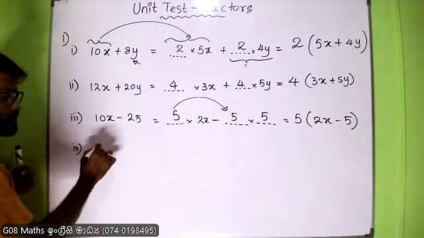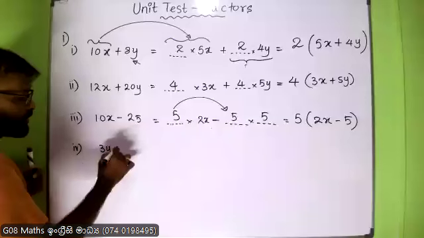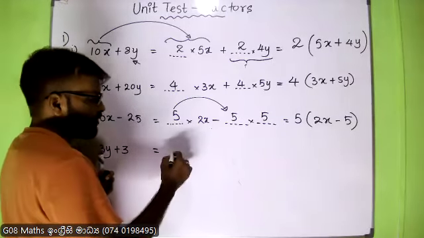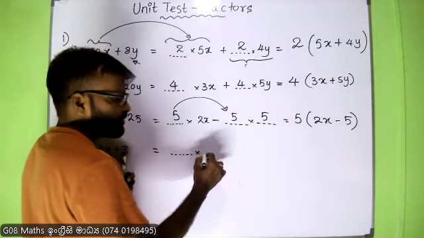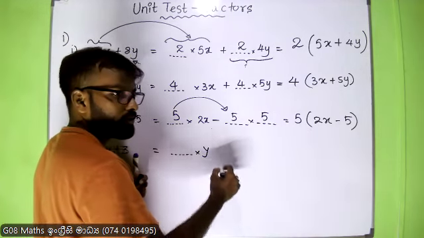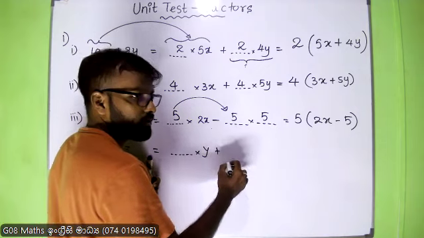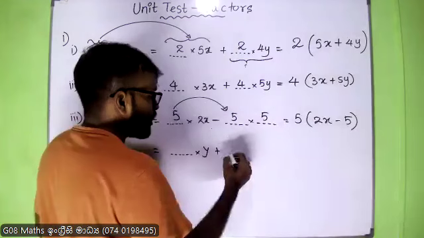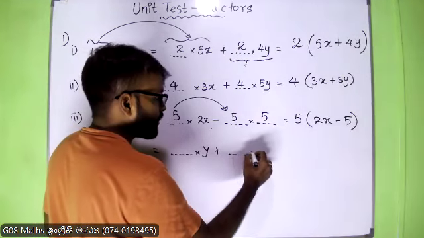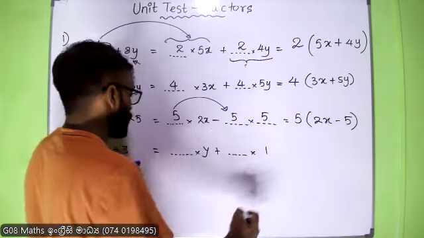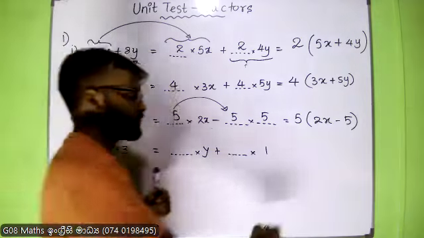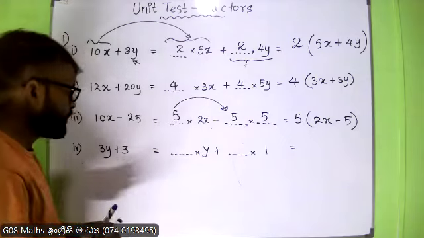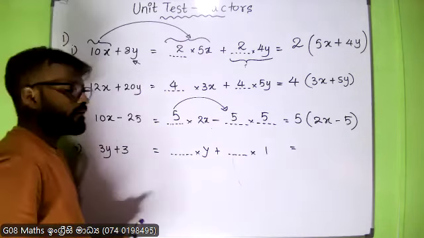Fourth one. 3y plus 3. Okay. Like previous, you have this, and here you have y plus, and here you have blank multiplied by 1. What is this? 3y plus 3.